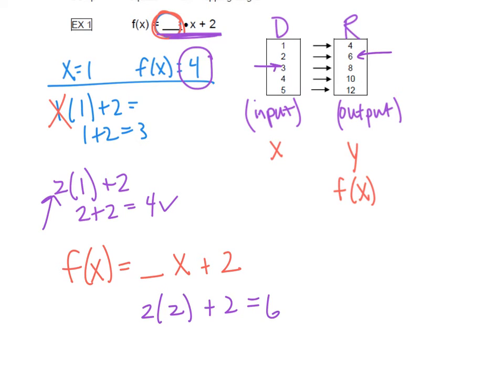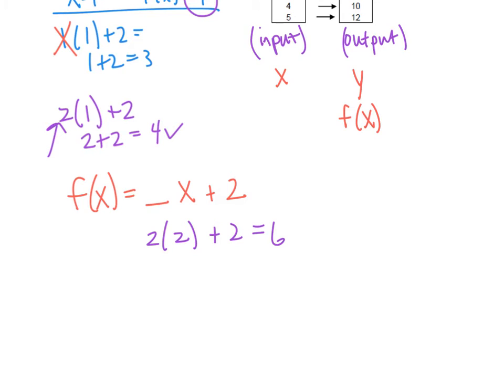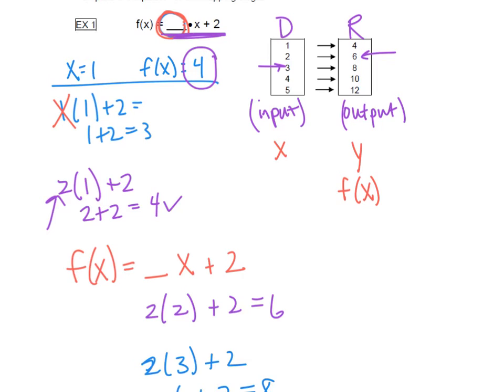Now we're going to try a 3. 2 times 3 plus 2. 2 times 3 is 6, plus 2 is 8, and let's check our mapping diagram and we can see that if we use 3 for x, we get back an 8.